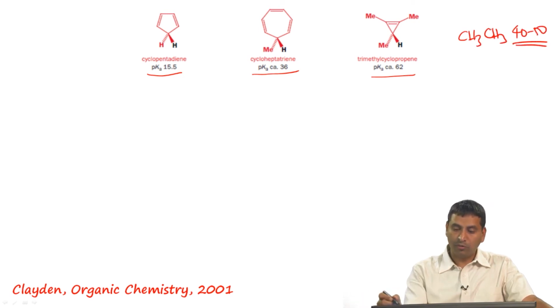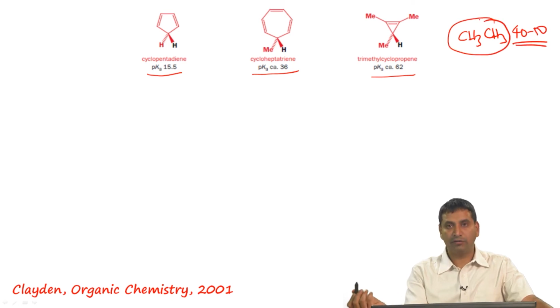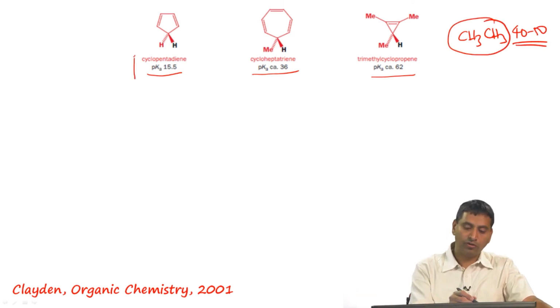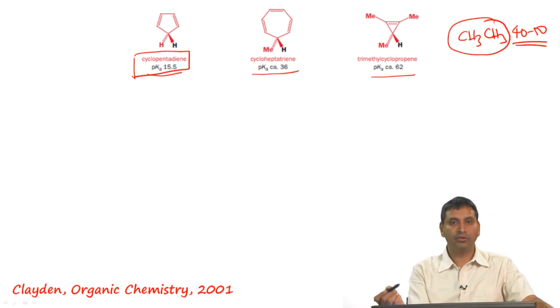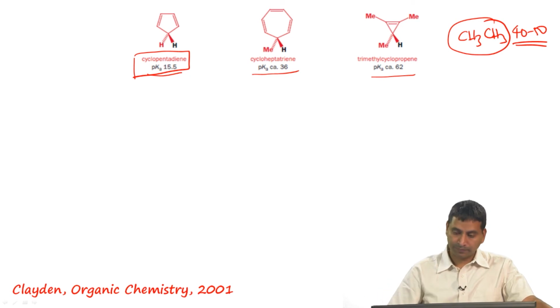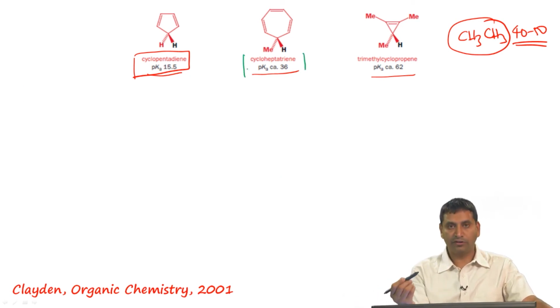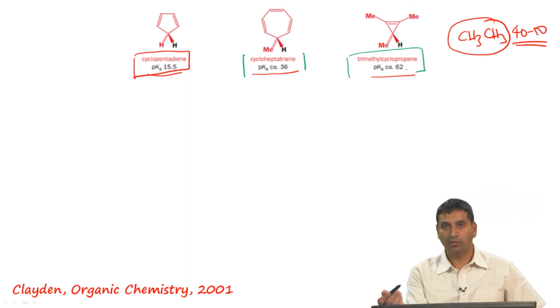So, compared to a regular alkane like methane, for example, there is a huge difference in the pKa when it comes to cyclopentadiene. So, cyclopentadiene is a significantly stronger acid when compared to a regular alkane. Okay. Whereas, in the case of cycloheptatriene, there is a drop, a shift of about 3 to 4 units perhaps, but in the case of trimethylcyclopropene, there is an increase in pKa value. That means it becomes a poorer acid when compared to alkanes.